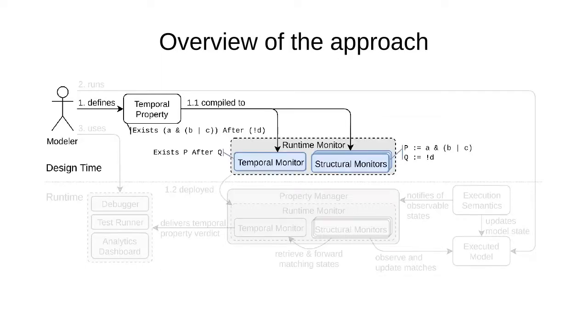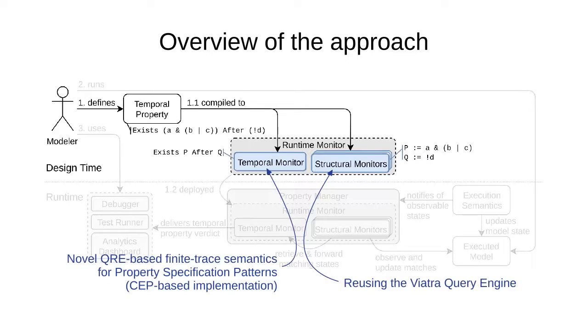Properties defined by the domain expert are then compiled to structural and temporal monitors. In particular, the temporal monitor corresponding to a temporal property is obtained through a novel finite trace semantics for the property specification patterns based on quantified regular expressions, which is implemented using complex event processing. For the structural monitors, the VIATRA query engine is reused as is.